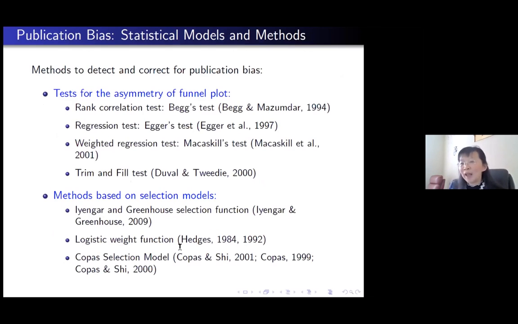A great deal of effort has been devoted to developing statistical methods to detect and correct for publication bias. One popular method is a selection model that imposes parametric distributions to characterize the underlying publication mechanism. For example, the Copas selection model assumes that the probability of publication depends on both the effect size and its standard error.